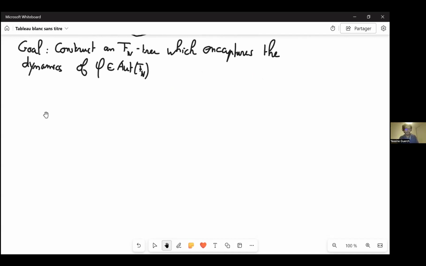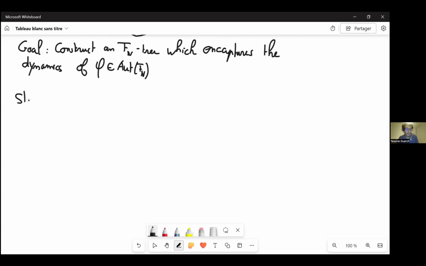So first, in order to do that, remember that for the geometric case, we obtain subsurfaces where the homeomorphism acts trivially, namely is homotopic to the identity.